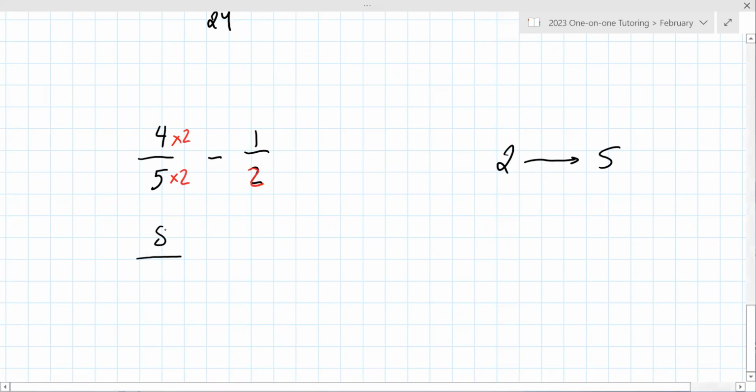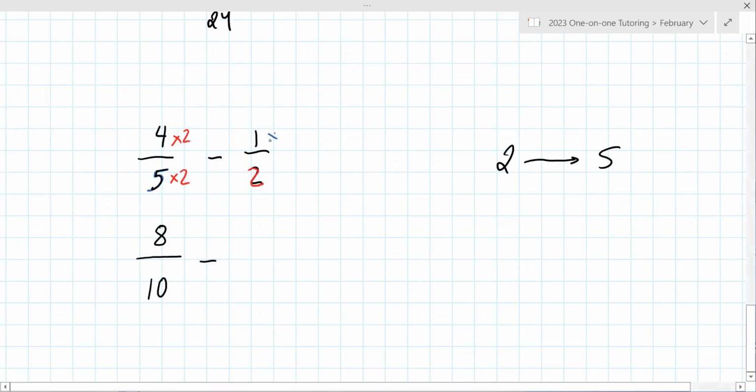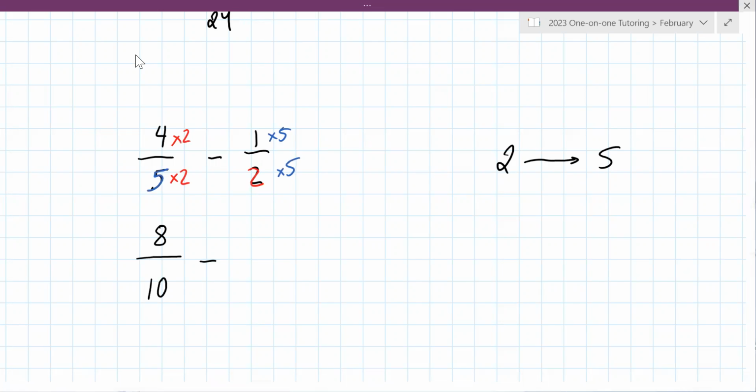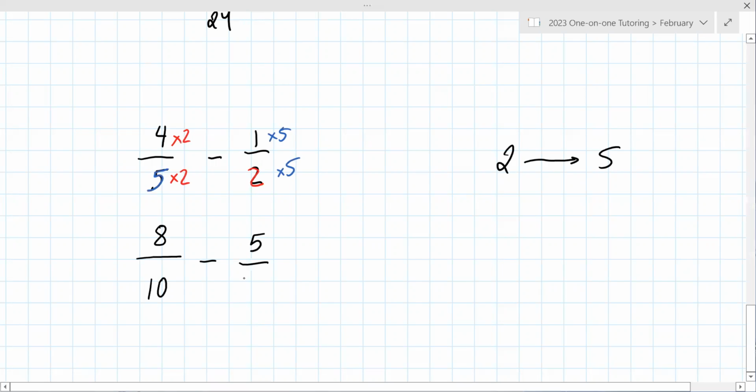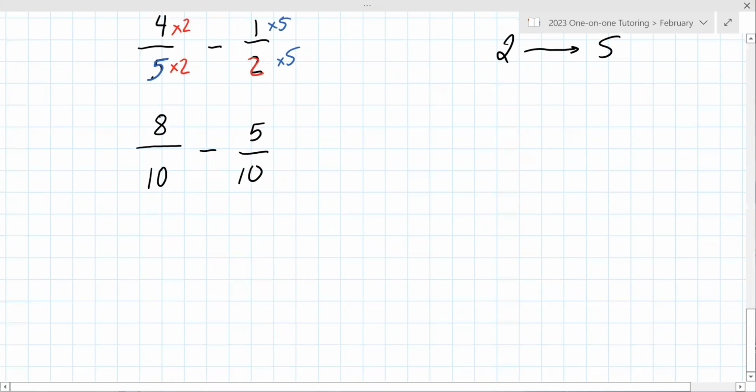So this becomes 8 over 10. And then similarly, you can take this 5 and multiply both of these by 5. And you get 5 over 10. Is that okay? Yes. All right. So when you subtract here, it becomes 3 over 10.